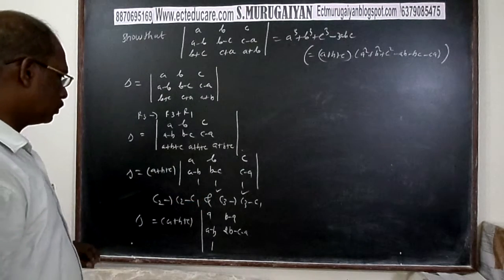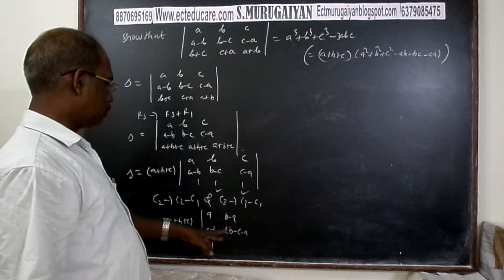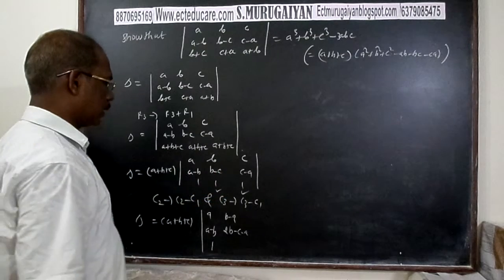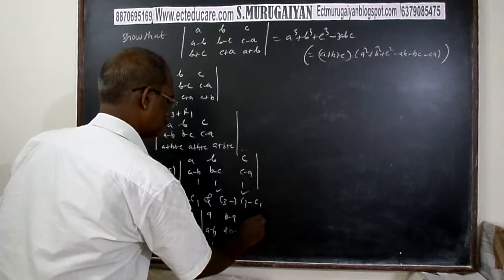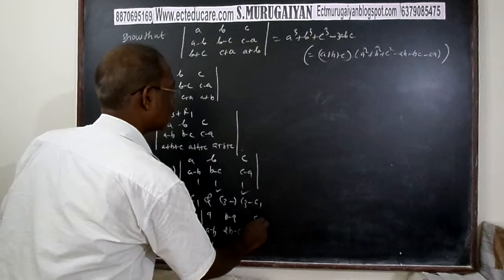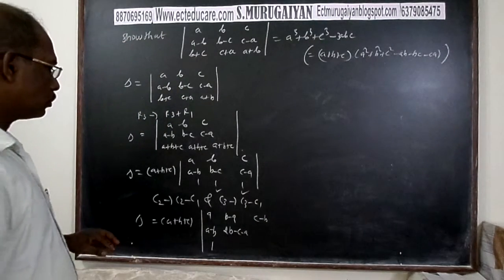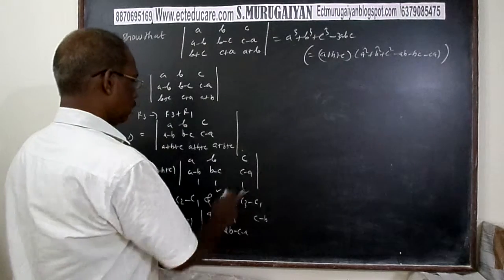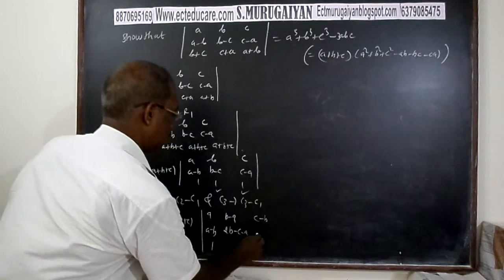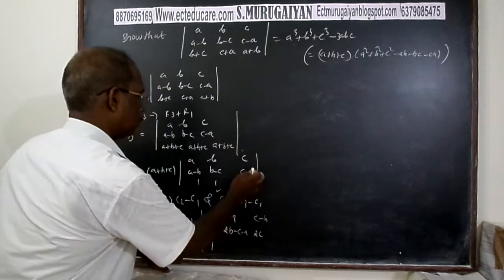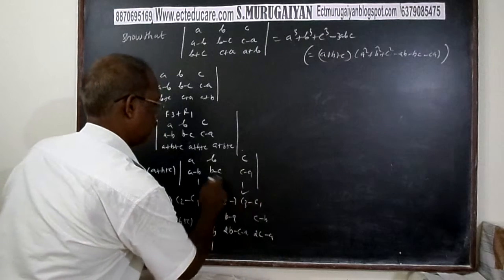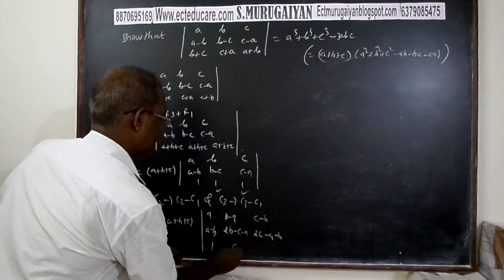Taking the differences of these two: b minus b, 2b minus c minus a; c minus b; then c minus c, 2c minus a minus b, is 0.